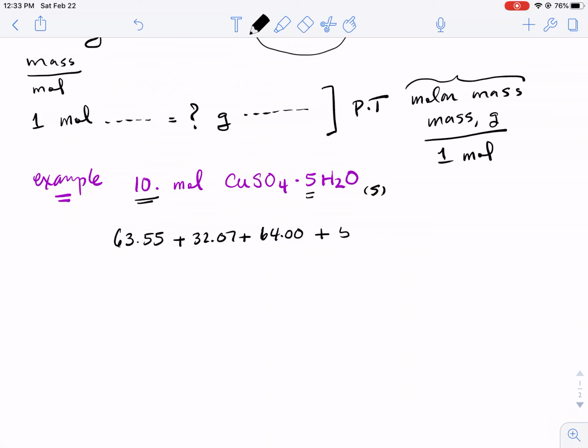Plus the easiest way is 5 times the water. Each water is 18.016. So we can sum this up. Or you could just do plus 10 hydrogens, 10 times 1.008 plus 5 oxygens at 5 times 16. You're going to get the same results either way. So let's calculate that. Please calculate this with me.